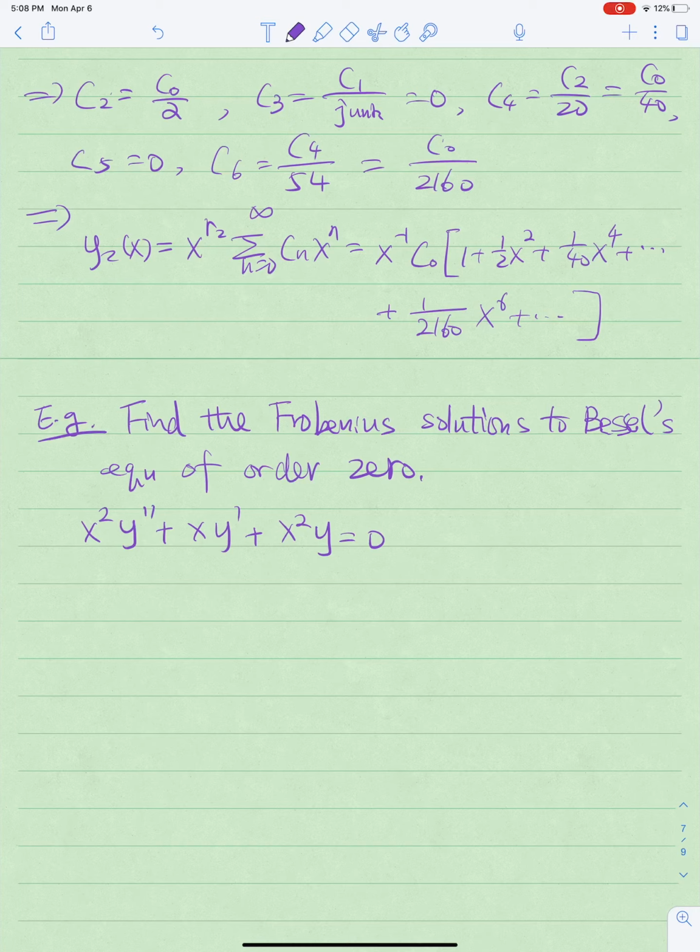I would like you to use this as an exercise. Problems in this section are usually quite long, so to solve this problem, give yourself enough time. I would say probably at least 30 to 40 minutes to solve it.